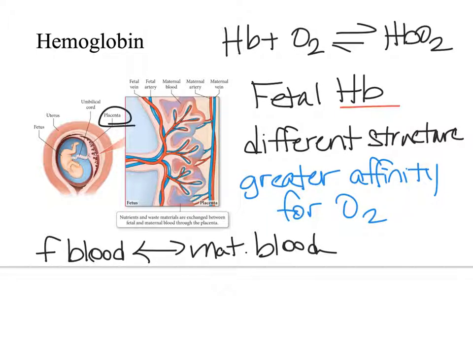So when the blood reaches the placenta, the equilibrium is driven in the reverse direction because the oxygen pressure is low. Oxygen pressure is low in the placenta.